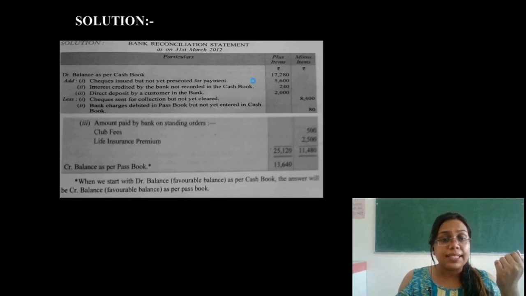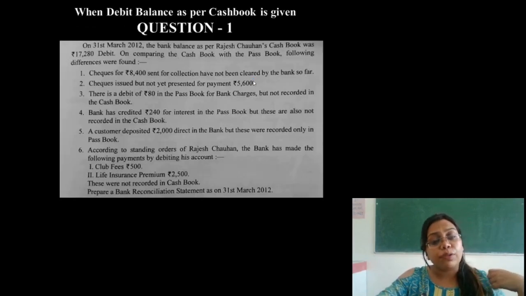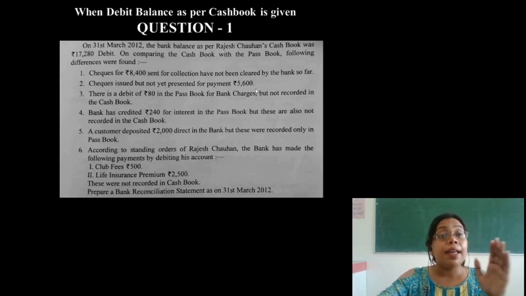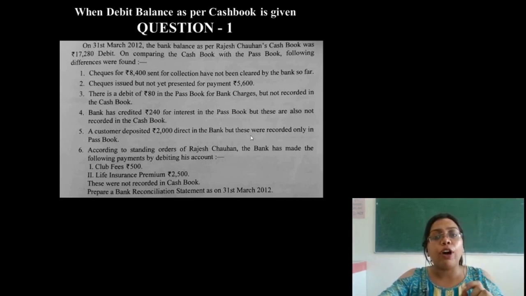Now, the next statement is, there is a debit of rupees 80 in the passbook for bank charges but not yet recorded in the cash book. What does this mean? The bank has debited my account with rupees 80. The bank has deducted 80 rupees from my bank account as bank charges, but it is not recorded in my cash book.